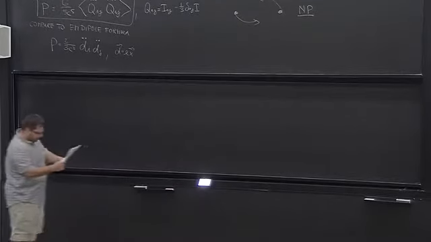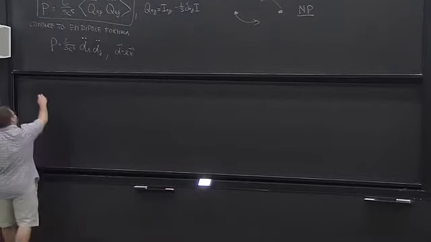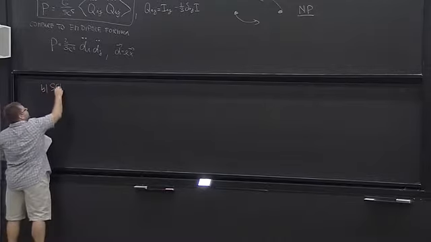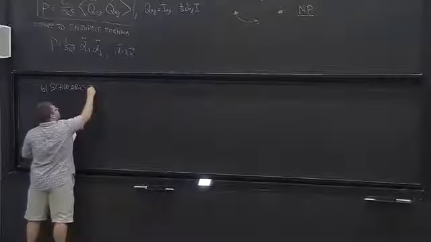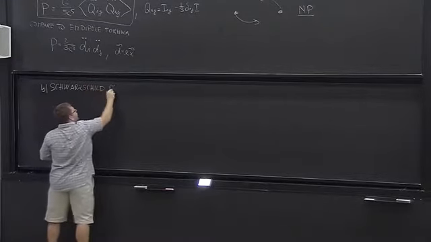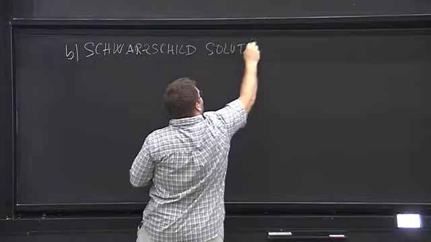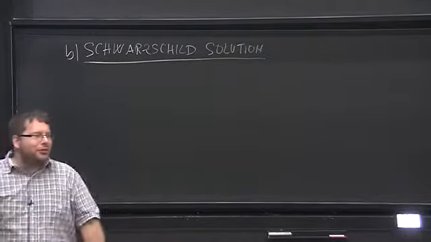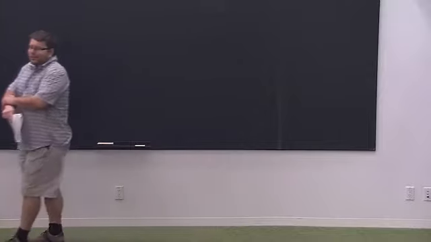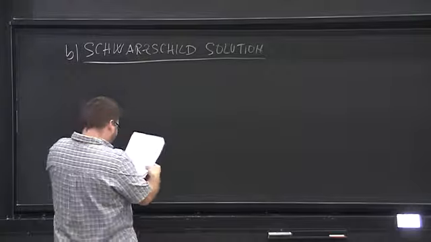All right, so let me start a new section. Part B will be the Schwarzschild solution. So the aim of the course here is, of course, to teach you how to spell properly some German names, and this is one of them. So the Schwarzschild solution.